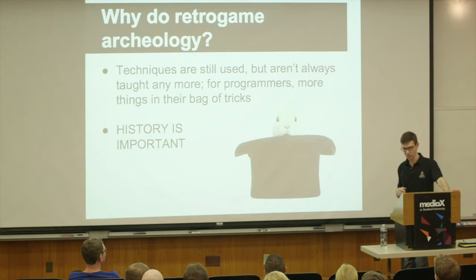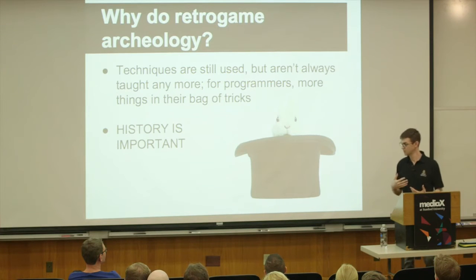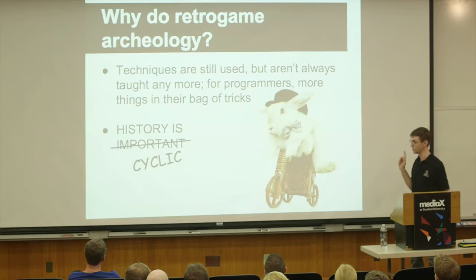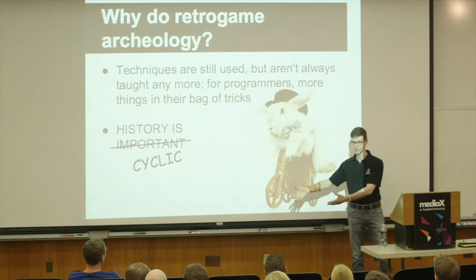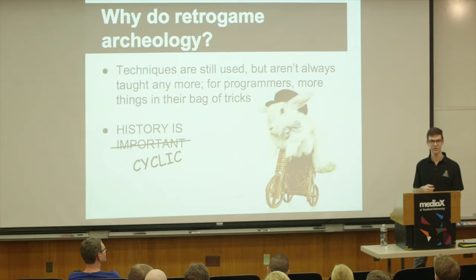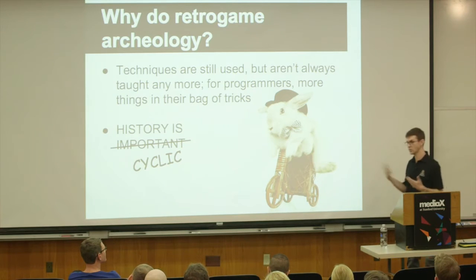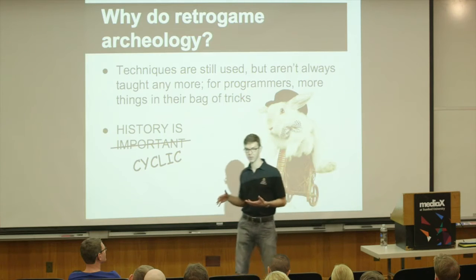I do think history is important, but as a computer scientist, I'm a fairly pragmatic person, and what I'm more interested in is the fact that history is cyclic. And all these techniques that we discarded tend to come back and haunt us over a period of decades. So once upon a time, you would say, well, we have all these constrained systems, we have to deal with low memory.